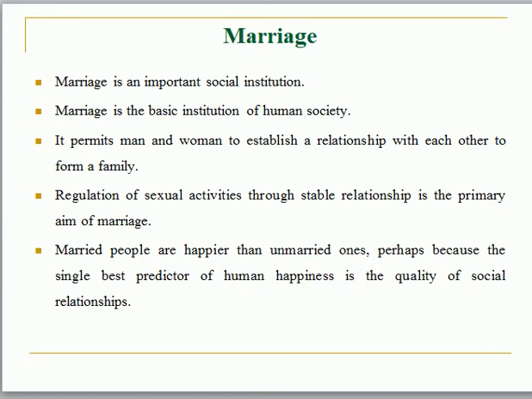Married people are happier than unmarried ones, perhaps because the single best predictor of human happiness is the quality of social relationships. Married people are psychologically and socially supported by each other when the couple comes to a new life, and they make social relationships to improve the quality of their lives.